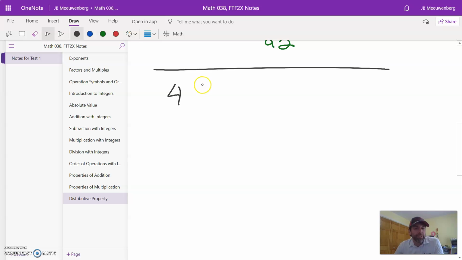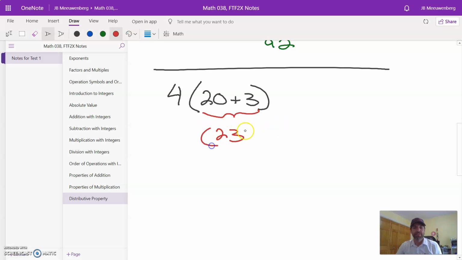Remember how our other properties were simply alternatives for how to do a problem based on the original order of operations? Well, look at this. We have 4 times, and then in parentheses, 20 plus 3. Normally, you would follow the order of operations, the grouping symbol, and say, well, I have to add the 20 and the 3 first, right? I have to add 20 plus 3 to get 23. And then I have to multiply 4 times 23.